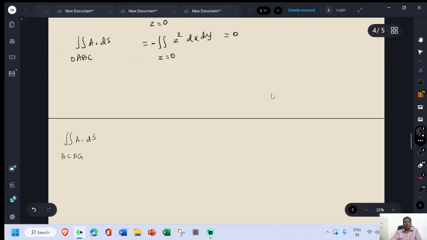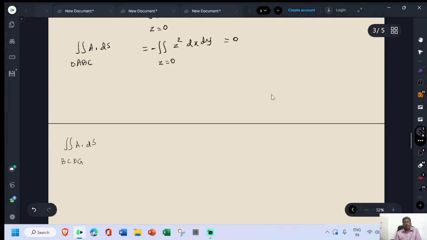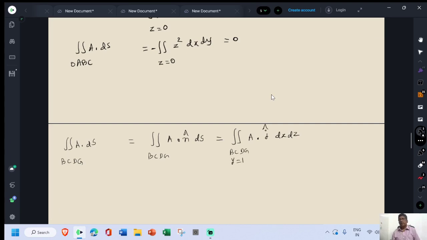Here in this problem, this is modified as BCDG A dot n cap into ds, which is equal to A dot, the value of n cap is j, then ds is dx dz. Here on BCDG the y value equal to 1. So automatically we should use the rest of the quantities, dx into dz.